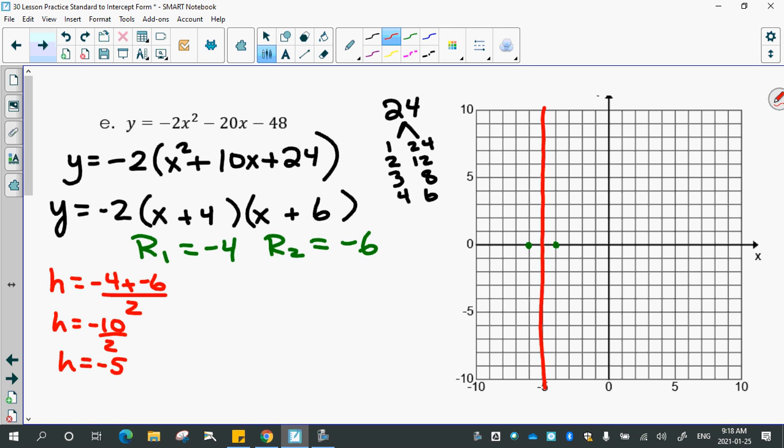Then you calculate k by substituting into your intercept form, replacing each x with h. And then you work out each bracket, and 3 numbers multiplying together in that case. Okay.